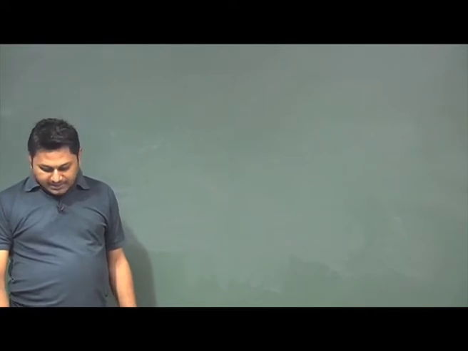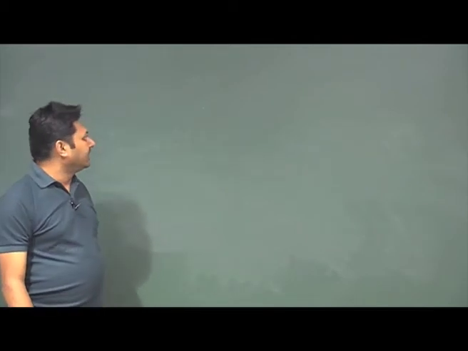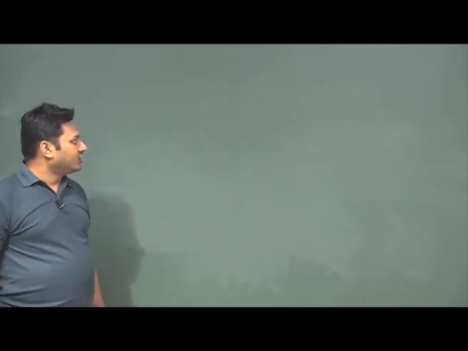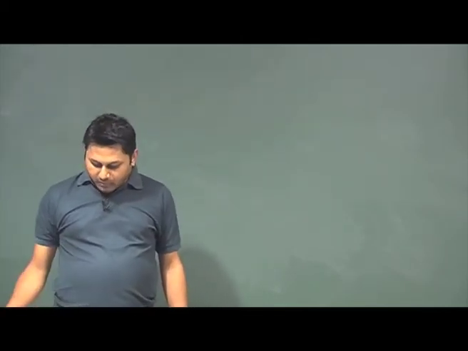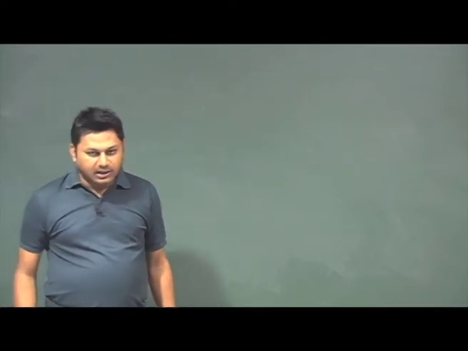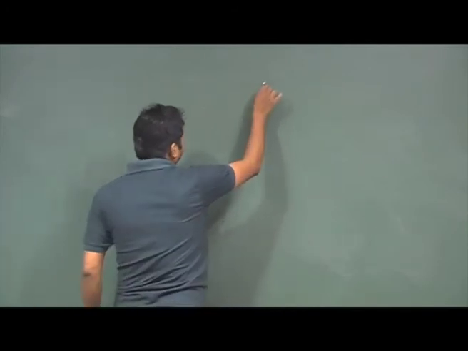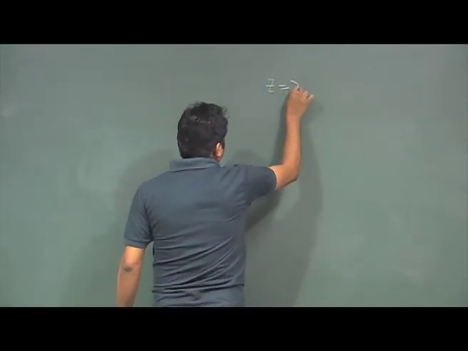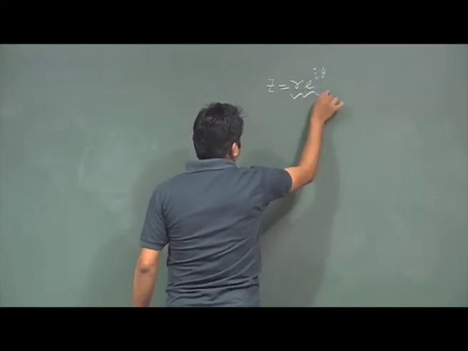Okay, the next important thing I would like to put here is the polar form that I mentioned in the last class for the Cauchy-Riemann equation. The polar form is important also, because the function z can be represented as r e to the power i theta, which is the polar form.